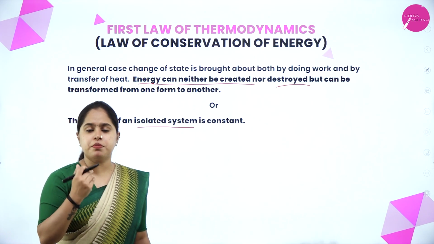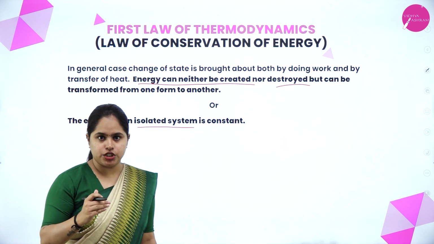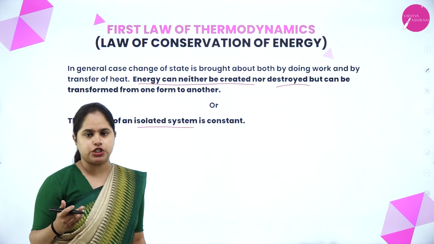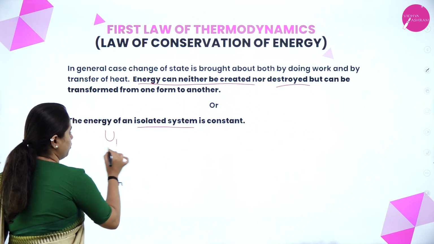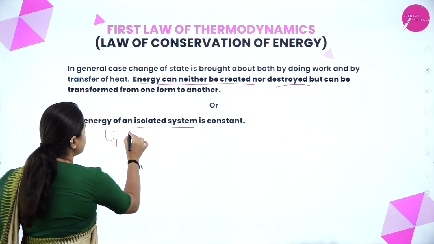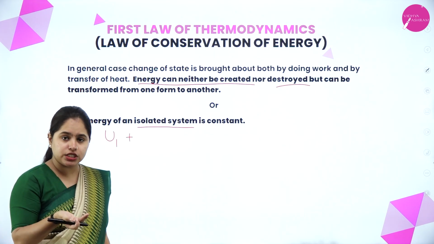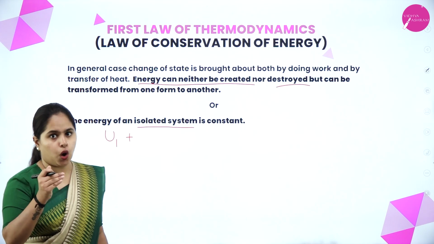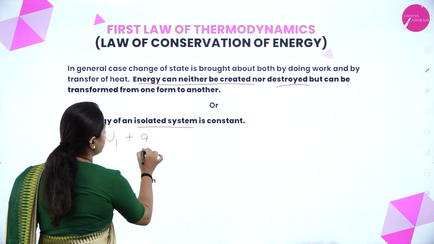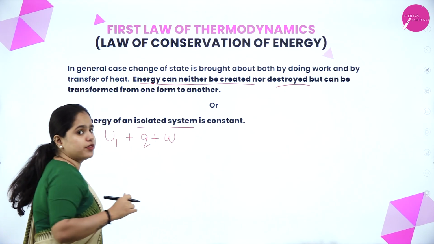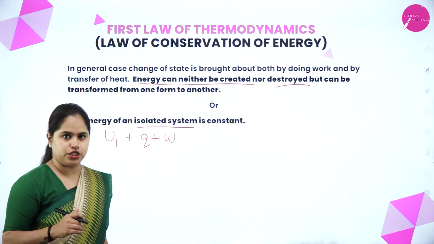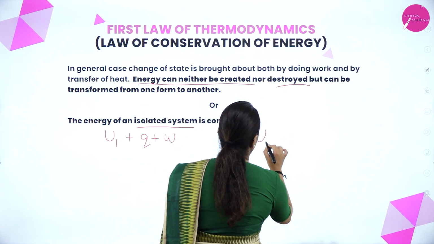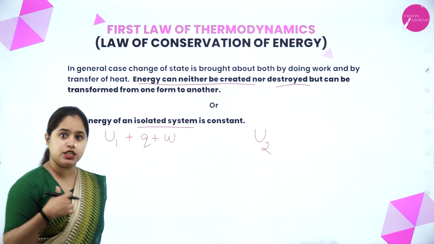Initially, if I am taking the internal energy, we know that it's a state function. So if I take the initial internal energy as U1, associated with that there will be heat and there will be work, by which you can bring a change in internal energy. Now I'm going to consider the final internal energy, that is U2.